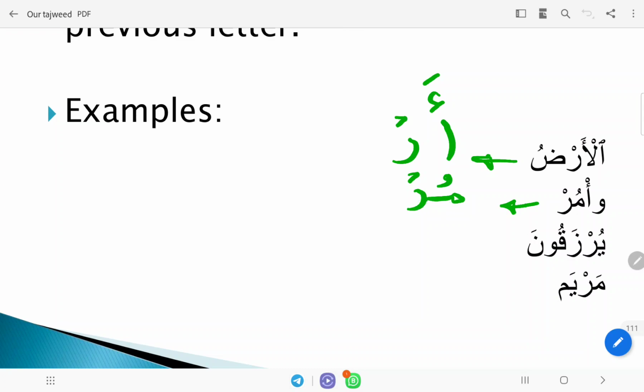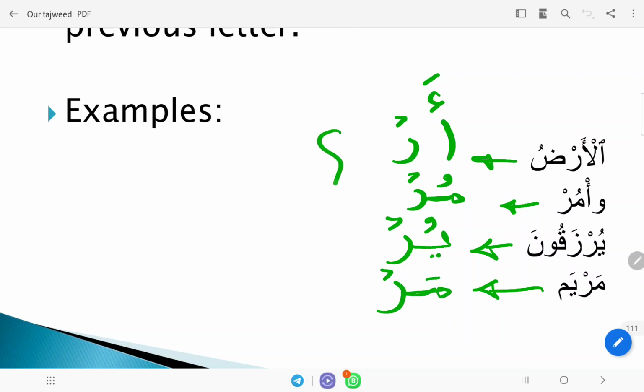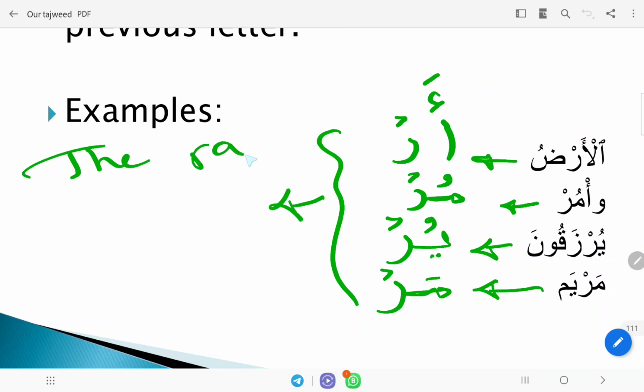The mim is carrying dhamma, and so the ra here is heavy. The next example, yurzakun. Also ra sakin is preceded by dhamma, and so the ra here is heavy. Also here the ra is carrying sukun and preceded by fatha. Also in these examples, the ra is heavy.